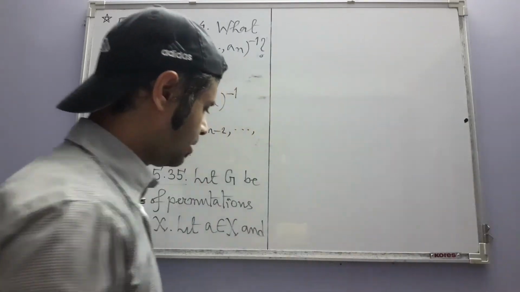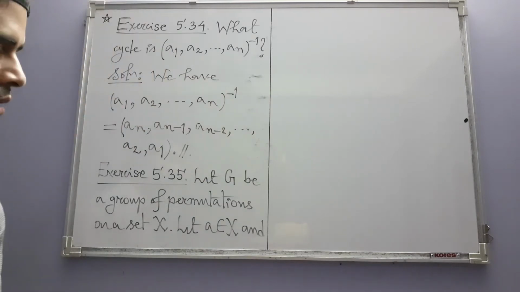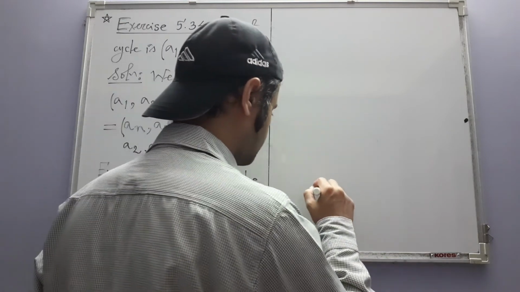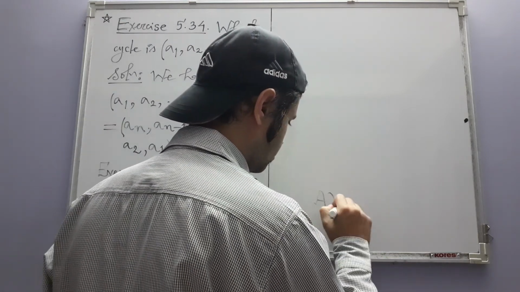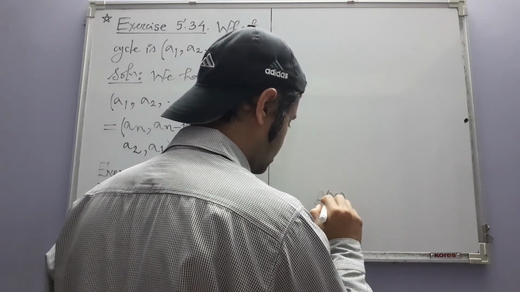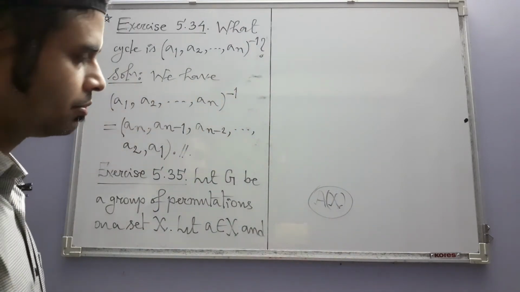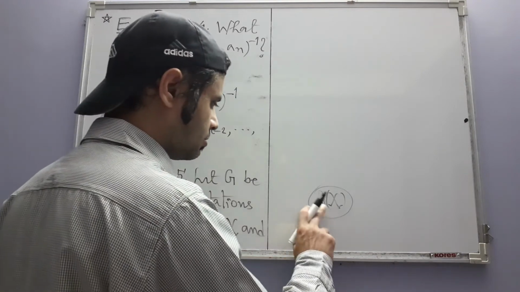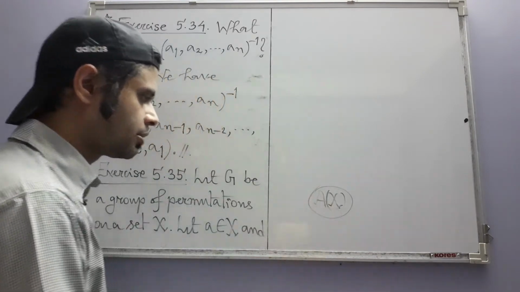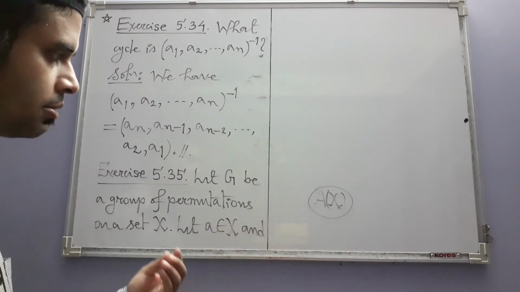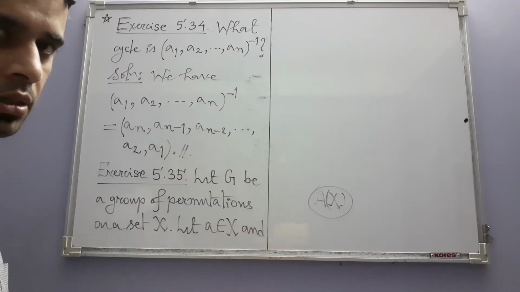Note that since X is a set, you can consider the group of all permutations on X, which is your permutation group on X. I don't know if this notation is being used in this text. I don't remember. But the set of all permutations on X, which I am denoting like this, is also a group under composition of mappings.